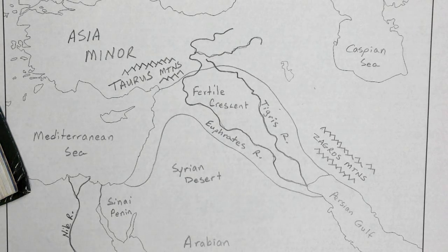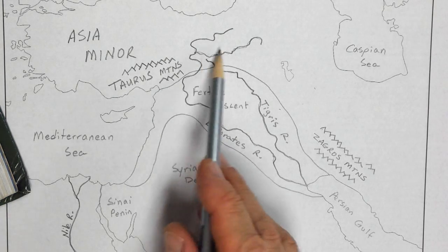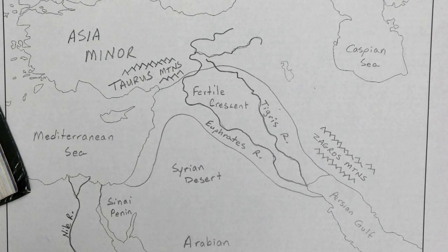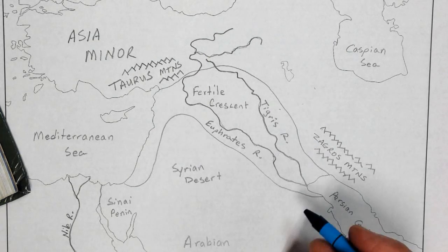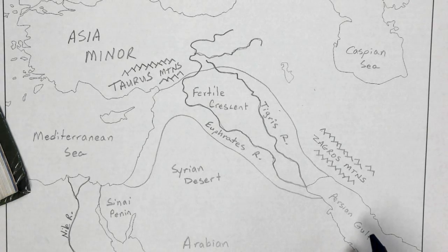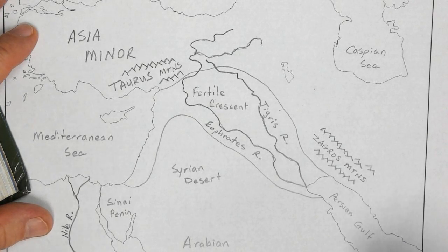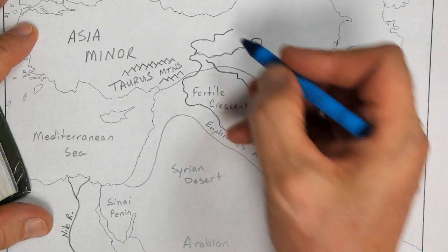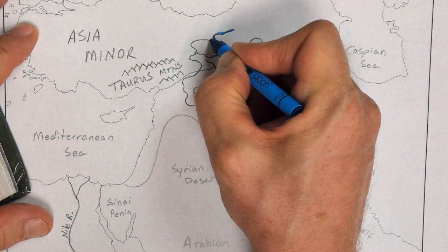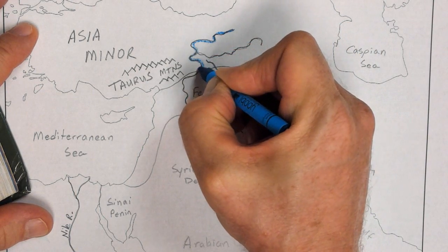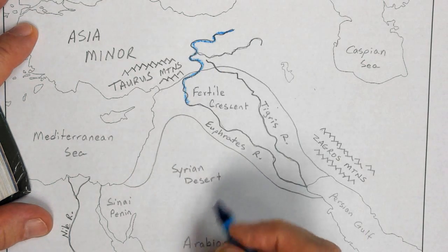Now, the next thing we want to do is trace our rivers in blue. So I'm going to take a blue crayon. You can use a crayon or a fine tip marker, or a colored pencil. And I'm going to trace my rivers in blue like this. See that?